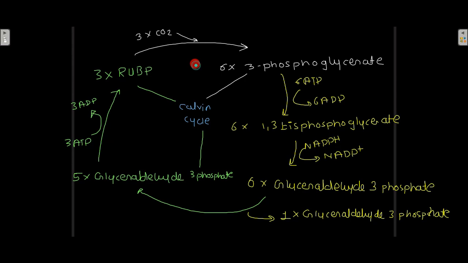Now this phase is the carboxylation phase, this phase is the reduction phase. In the reduction phase your final product is formed, and this is the regeneration phase, in which these molecules are used to regenerate the original molecules with which we started the Calvin cycle.